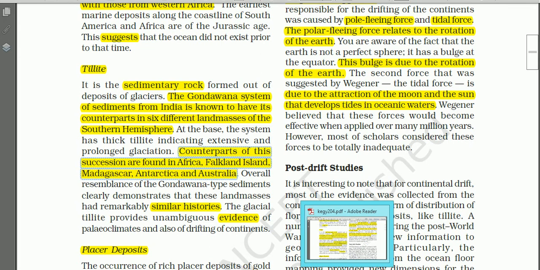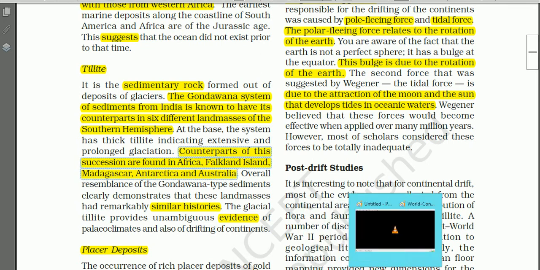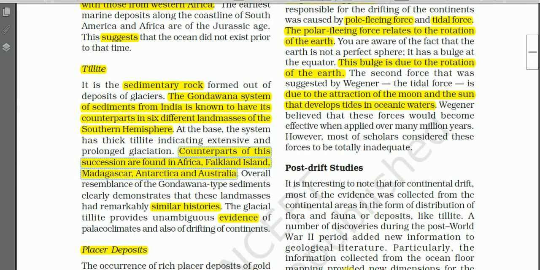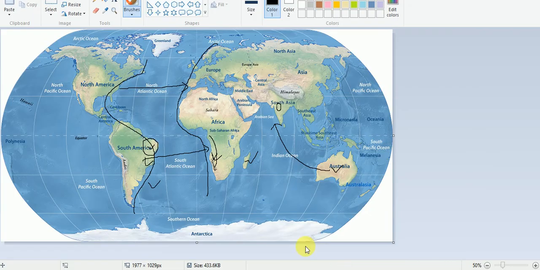The Gondwana system of sediments of India was also found in these counterparts like Australia, then Madagascar Island, Falkland Island somewhere here, then Antarctica, and Antarctica here also.